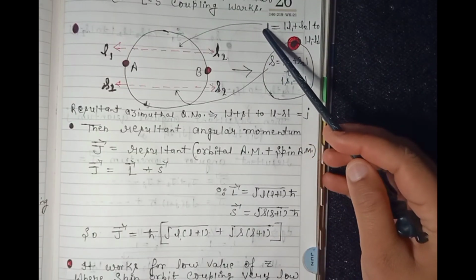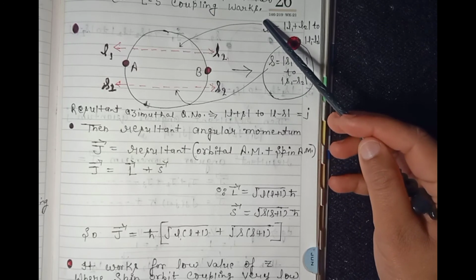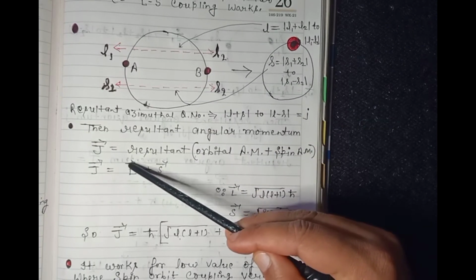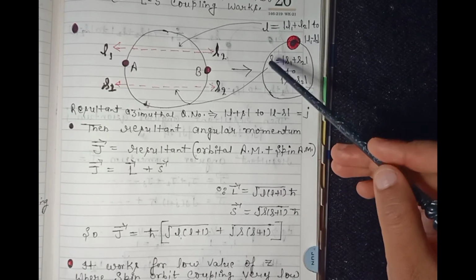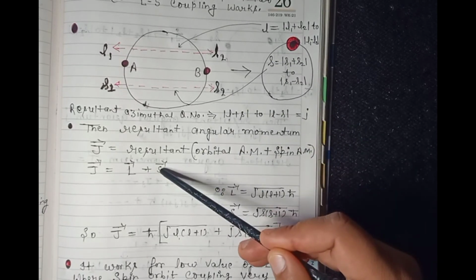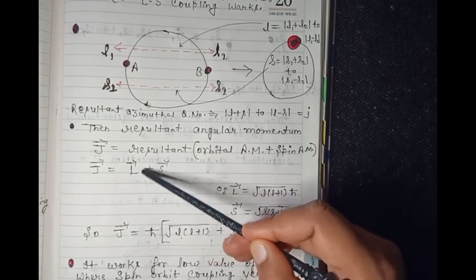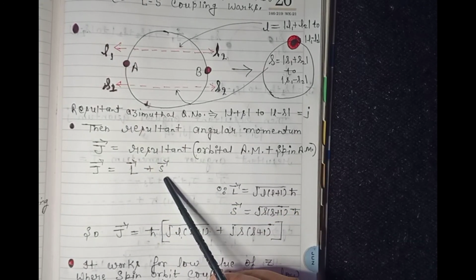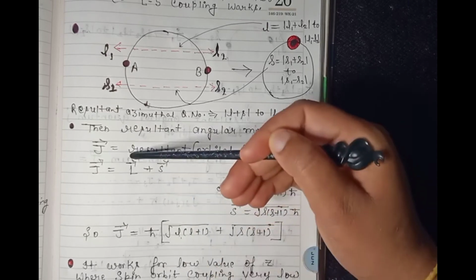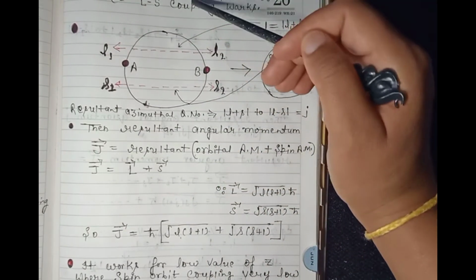Then this resultant L makes a resultant orbital angular momentum, and this S makes a resultant spin angular momentum. Then they both couple, resultant L coupled with resultant S. That's why we call it LS coupling.